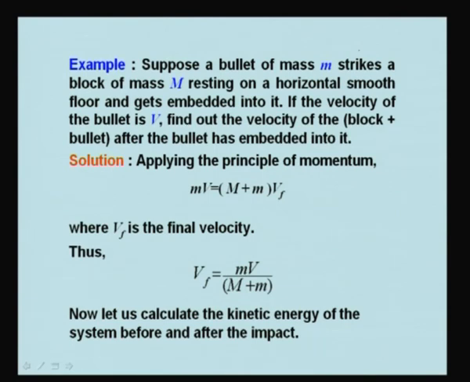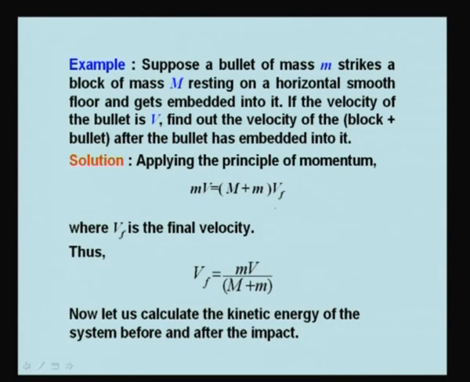Now applying the principle of momentum, since there are no external forces acting, mv is equal to m plus m times vf, where vf is the final velocity. Thus, vf is equal to mv divided by m plus m.